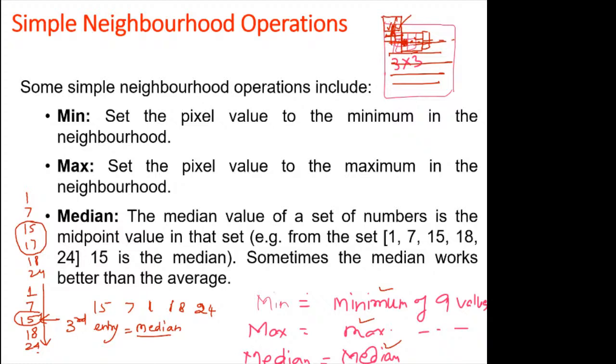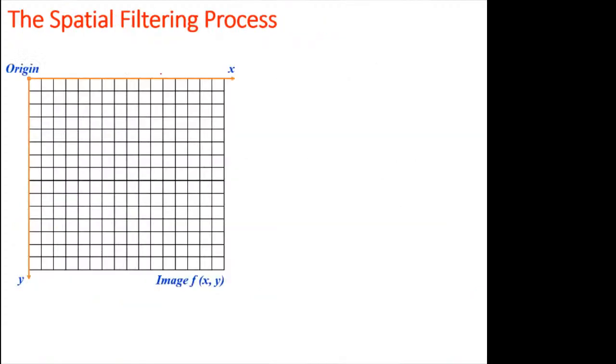There are ways to deal with boundary pixels, but leaving them aside, the other middle part of the image can be assigned the new intensity value in this manner, minimum, maximum, or median. So these are called filters accordingly. Here you can see a simple neighborhood.